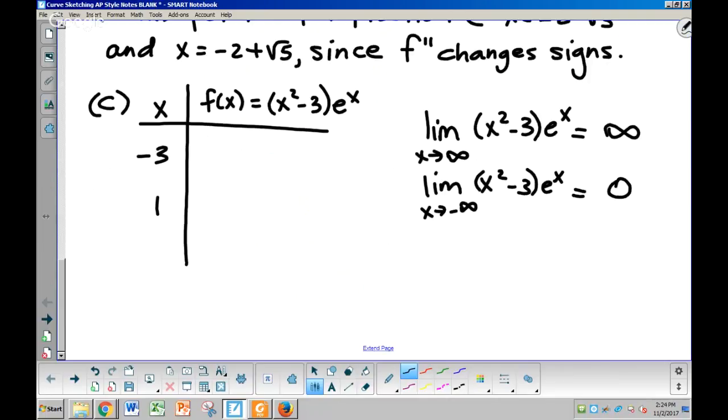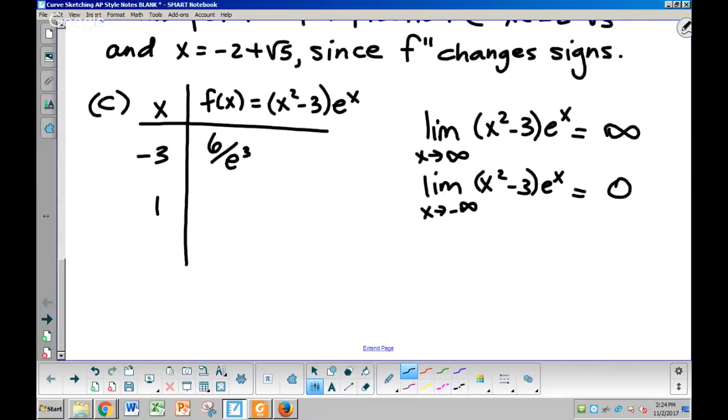Now we're going to plug in -3 into our function, and what do we get? When I plug in -3, I get -3 squared is 9, 9 minus 3 is 6, times e to the -3, which makes that e cubed in the denominator, so 6 over e cubed. What happens when we plug in 1?